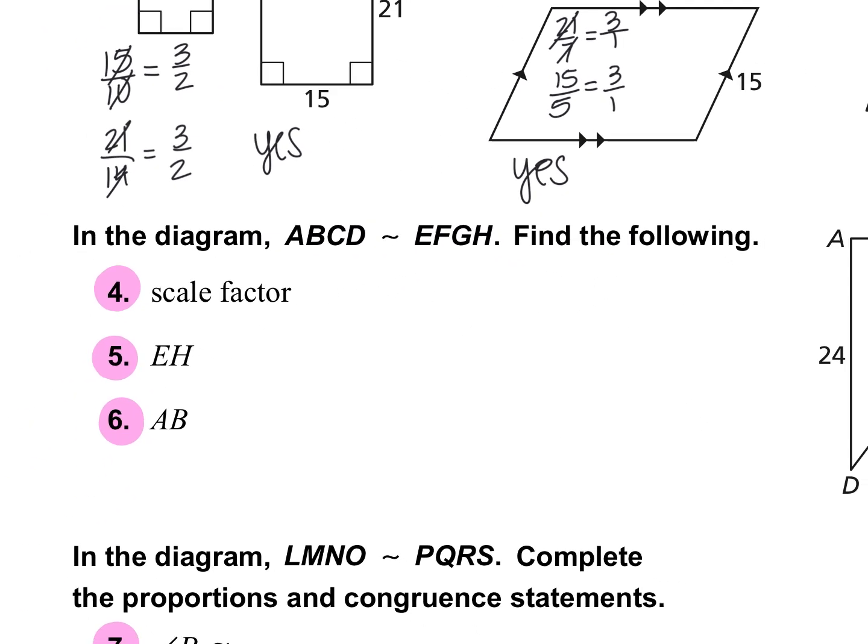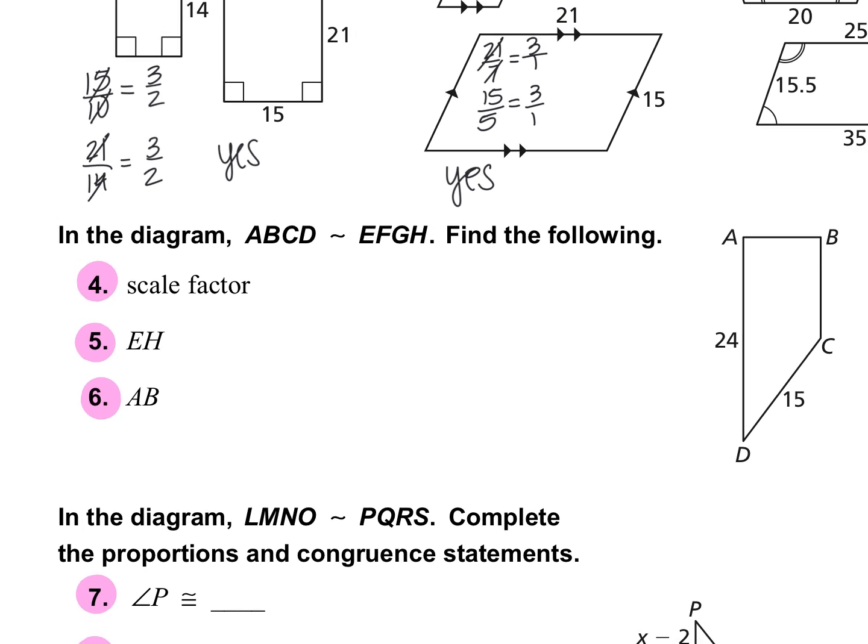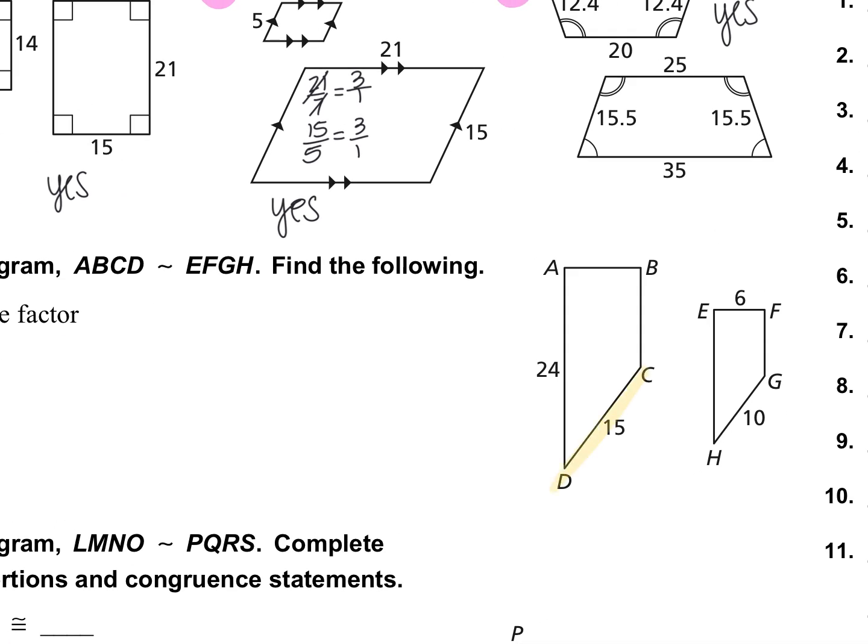All right, number 4, 5, and 6. Looking at number 4, 5, and 6, you have to find the scale factor. So looking at what's given to me, I have 15 and 10, and then I have 24 and 6. Okay, those are 2 different sides, so I'm going to highlight it in 2 different colors.